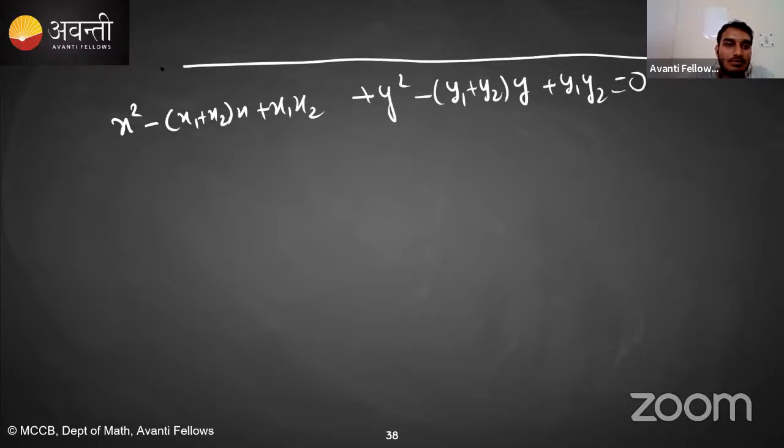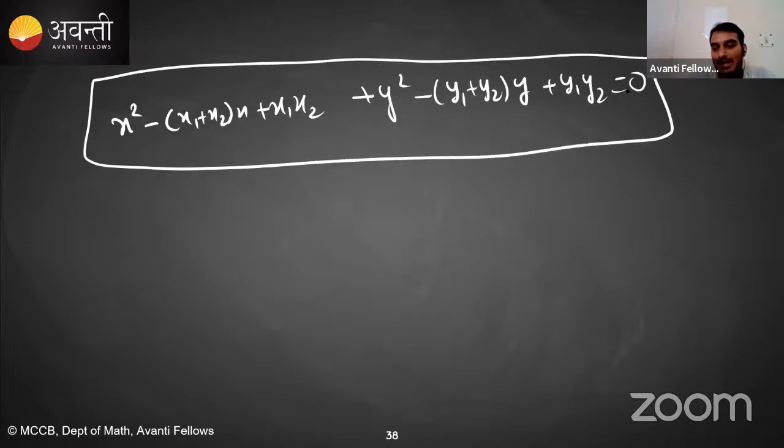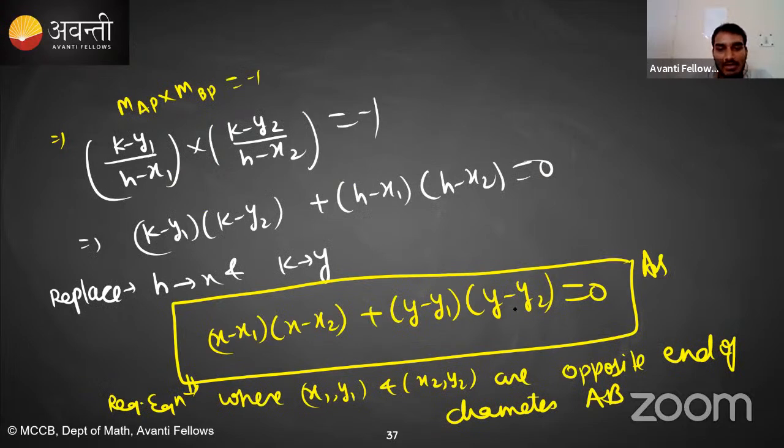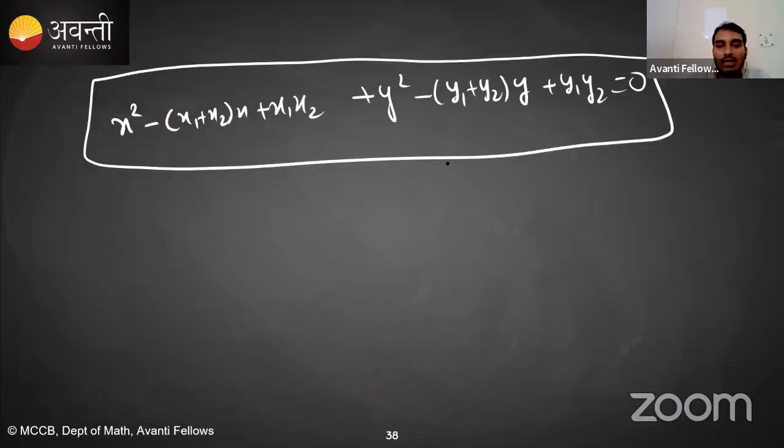It is better to remember x minus x1 into x minus x2 plus y minus y1 into y minus y2 equal to 0, because there is symmetry everywhere. Then you can proceed with simplifying it. So this and this both are answers, right?